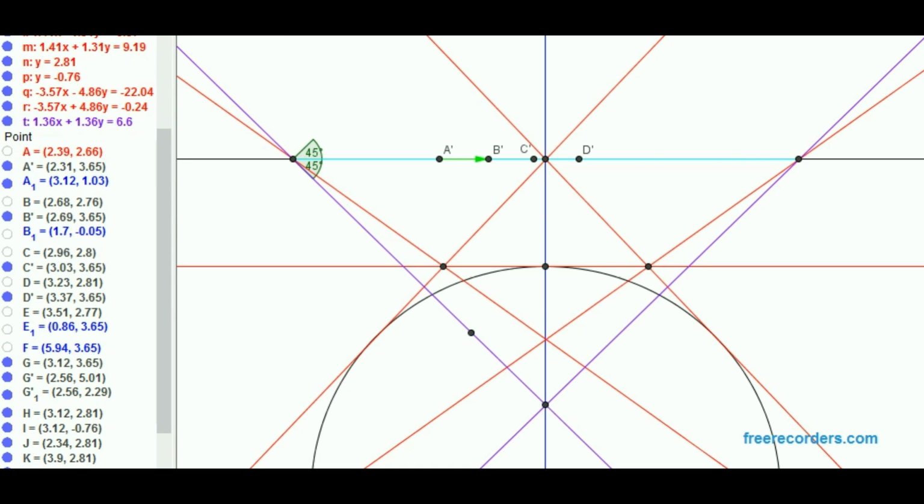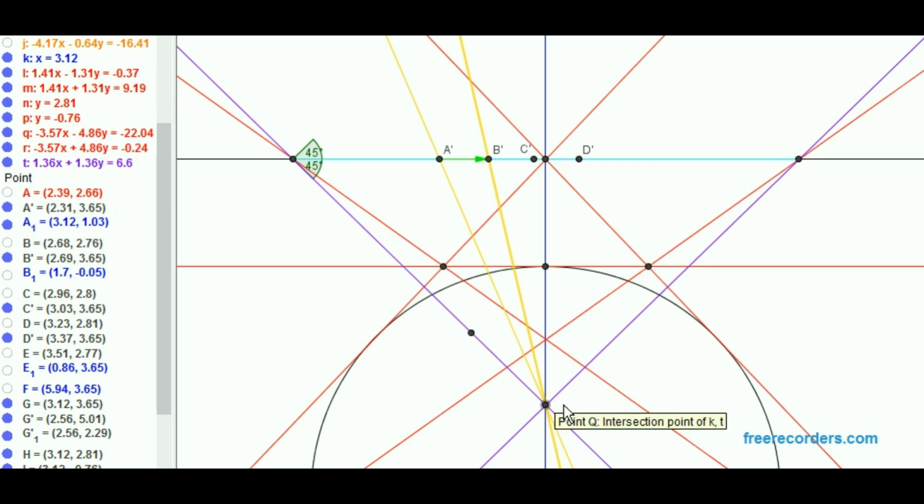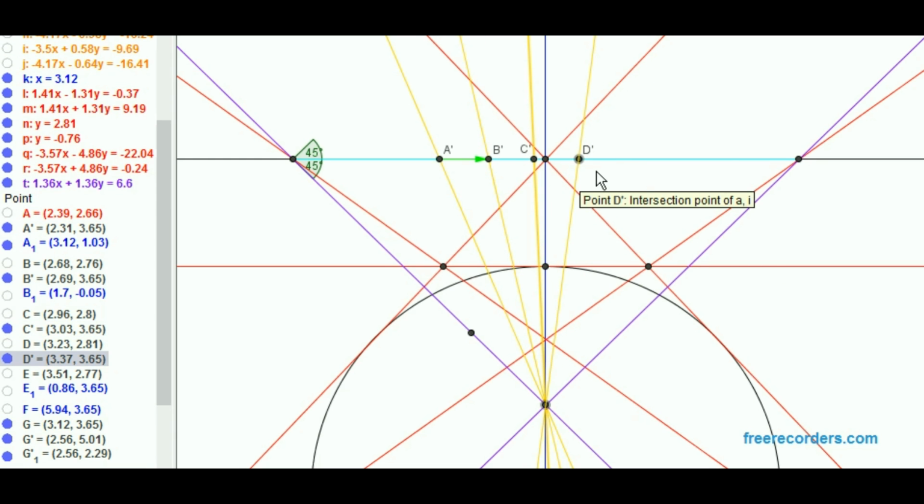So if all has been done correctly, and we draw these lines from here, we should find that the angles between these lines are the same in each case.